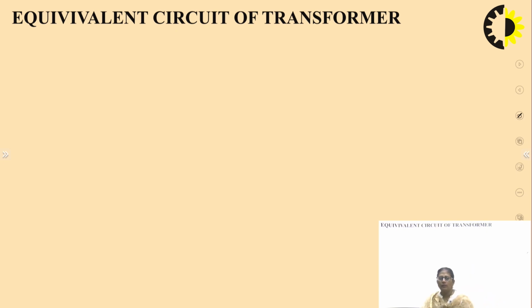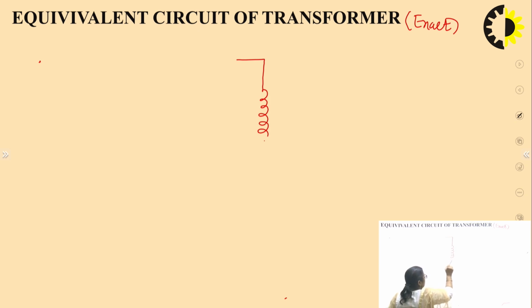So the same way we'll be drawing the exact equivalent circuit. What we are drawing right now is an exact equivalent circuit, right? So the exact equivalent circuit will be starting from the center.